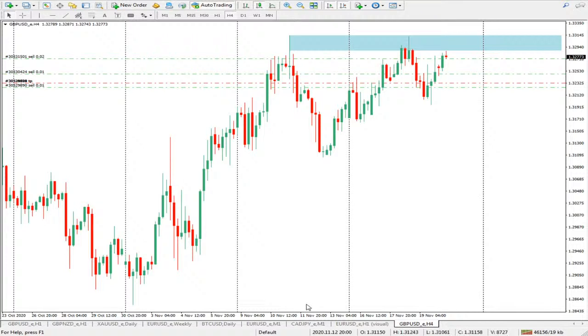Sorry, so we have a level here. We have a very good resistance at this price. We also have another support at this price.